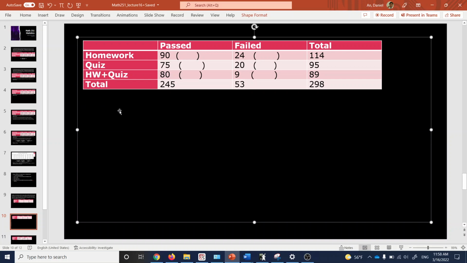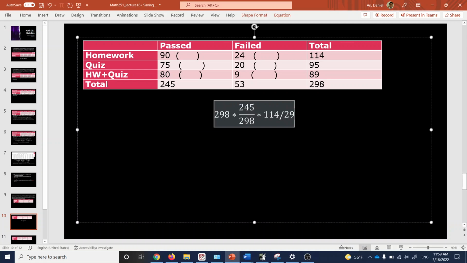So you do out of 298, 245 out of 298 belongs to the first column, and also 114 out of 298 belongs to the first row. So this first cell should be calculated this way, right? And since these 298 cancel, it's more like 245 times 114 divided by 298.